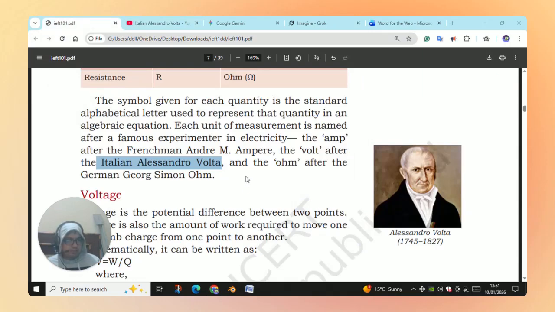Now next, ohm, after the German Georg Simon Ohm.